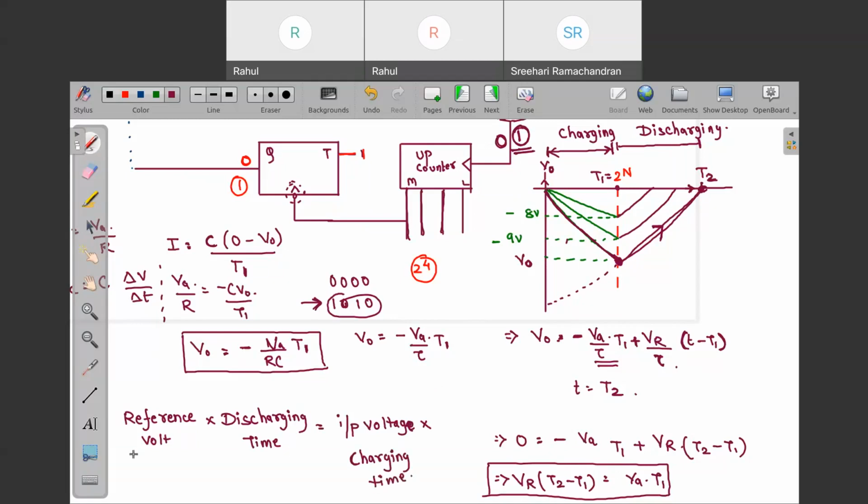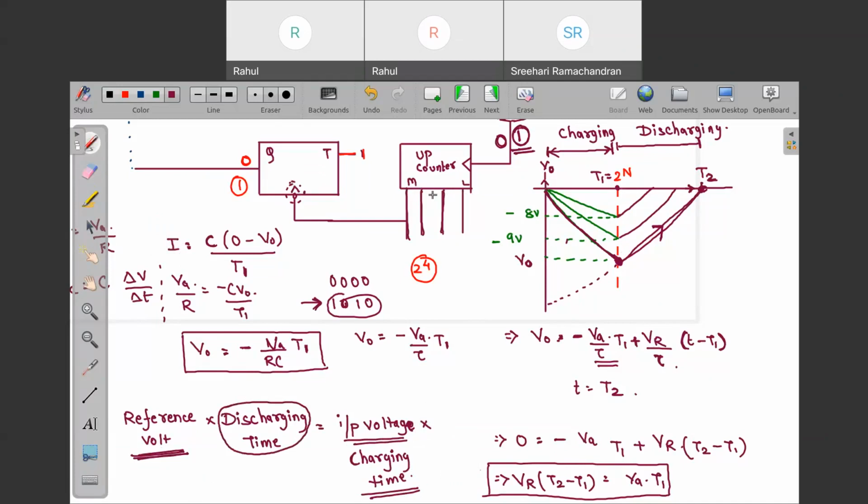So you already know your reference voltage, you know input voltage, you know charging time, because if it is a 4-bit, charging time will be 2 to the power n TCLK. Okay, so you know everything. You just need to get the discharging time, and discharging time corresponds to the counter of this bit.